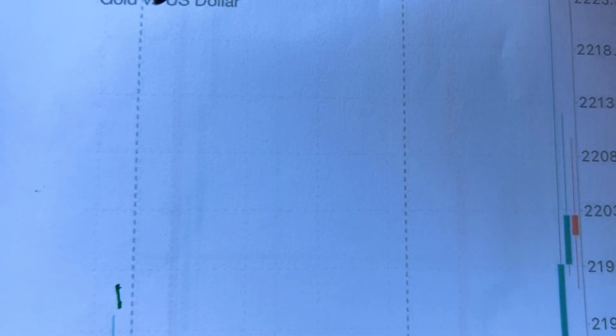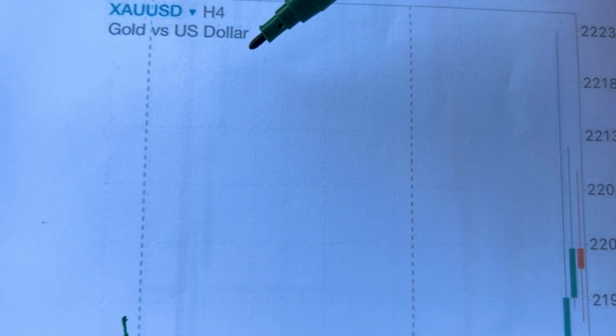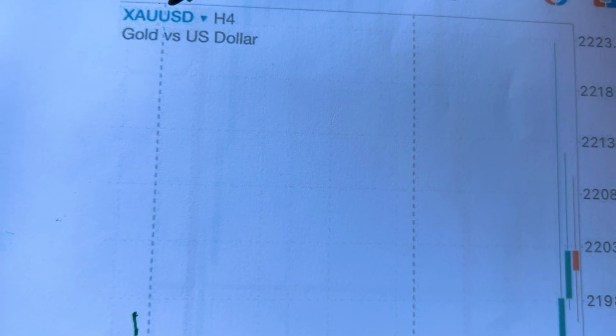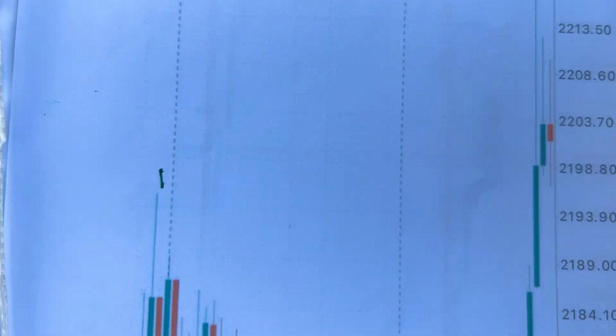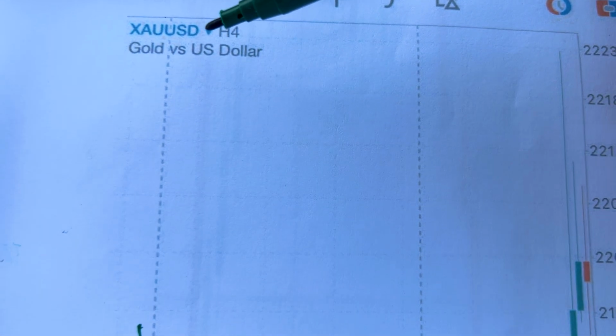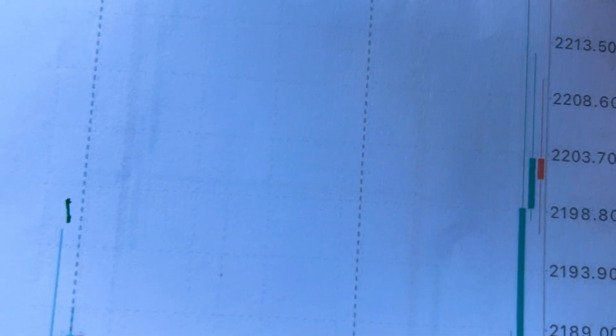But if the graph is going up, the US dollar is doing badly in terms of the performance of gold versus US dollars.